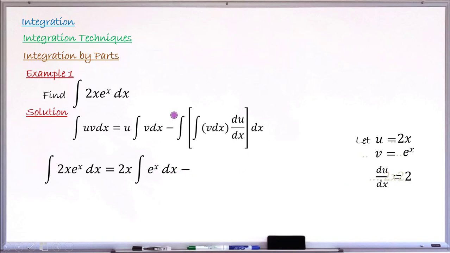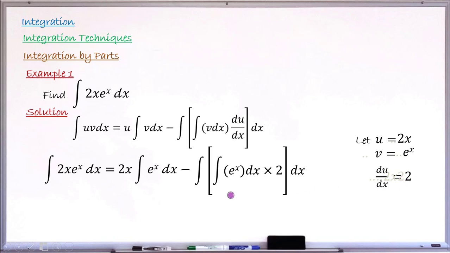Then I'll move to the second part, which says the integral with respect to x of the integral of v with respect to x, then multiplied by du/dx. So there we have the integral with respect to x of, inside the bracket, the integral of e raised to x dx. E raised to x is your v. Then multiplied by du/dx, which I have here as my 2.